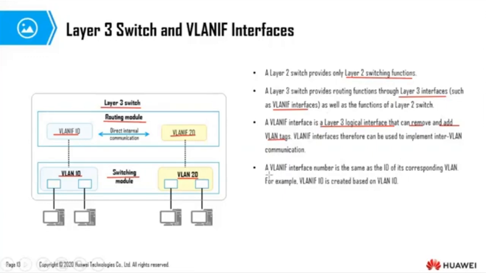Just like the sub-interfaces, VLANIF interfaces on layer 3 switches can add or remove VLAN tags. The VLANIF interface number is the same as the ID of its corresponding VLAN. So if you have VLAN 10, then you create VLANIF 10, so that they are on the same number. Is that clear?